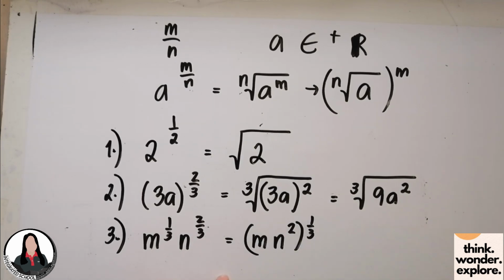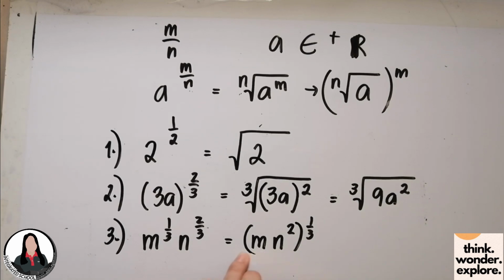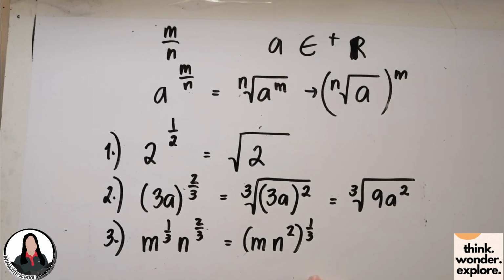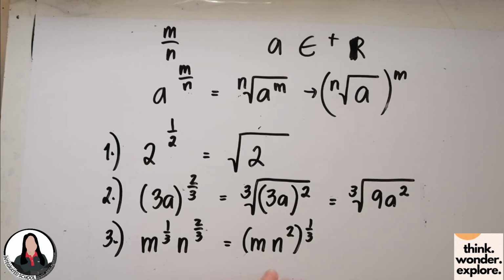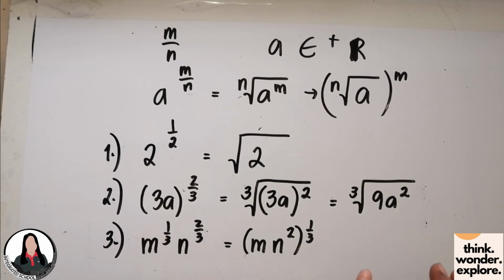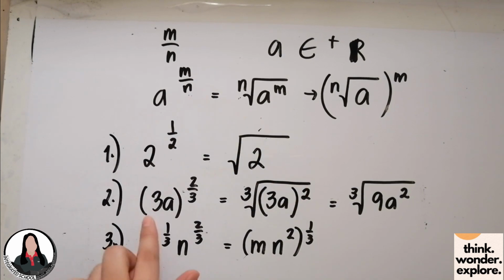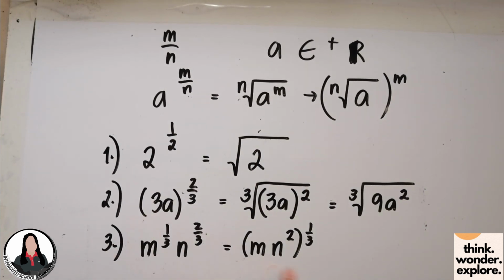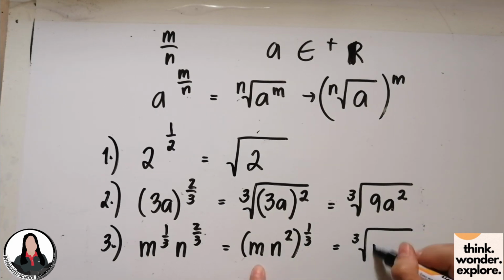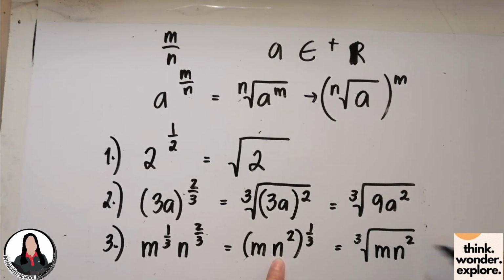Okay? So, halos parehas lang din yan. No, not halos, but parehas lang talaga ang value nila. Pinactor out lang natin ang exponent na 1/3. So, from this case, mas mabilis na natin siyang maisusulat sa ating radical expression kasi halos parehas lang ang form na ito. Isusulat natin siya as the cube root of m n squared.